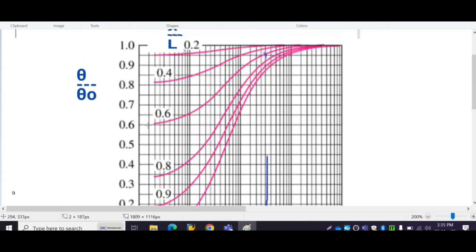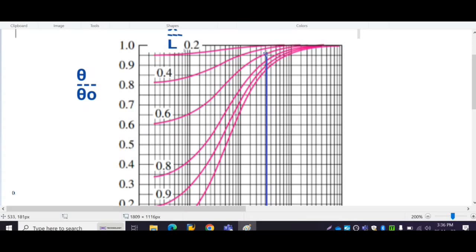Now we have here 0.6, that is x by L value is 0.6. So we will draw here a vertical line and here is the point of intersection for this 0.6. Now from this point of intersection, we have to draw one horizontal line.